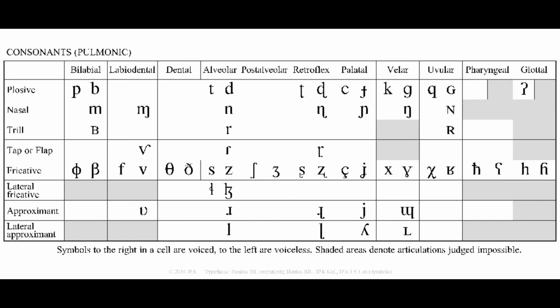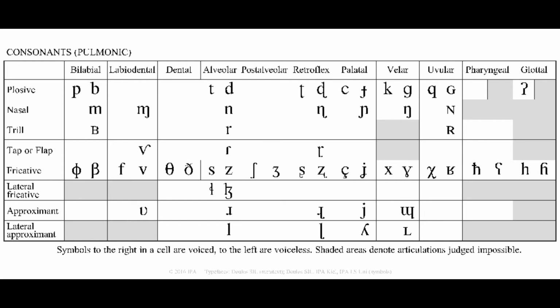Okay, place of articulation. The active articulator usually moves in order to make the constriction. The passive articulator usually just sits there and gets approached.